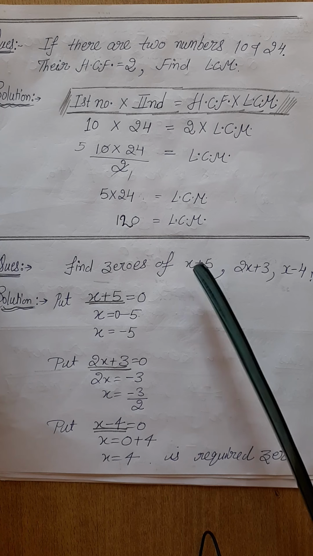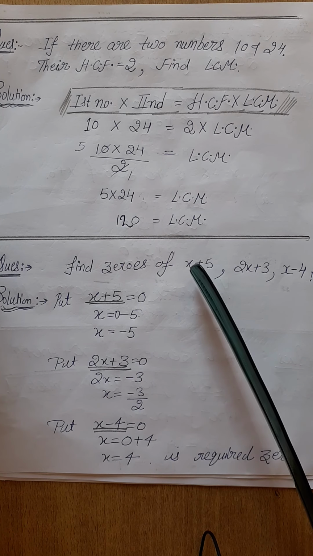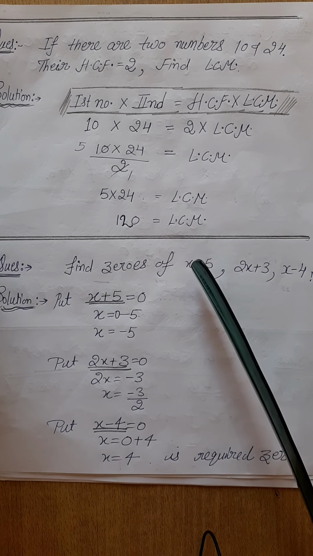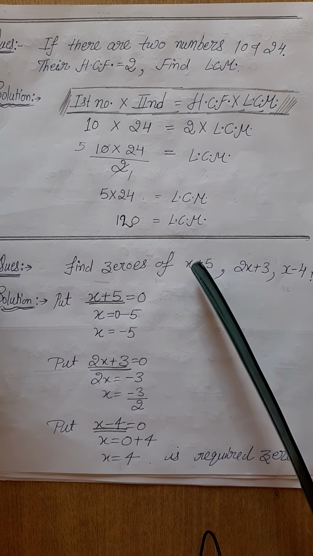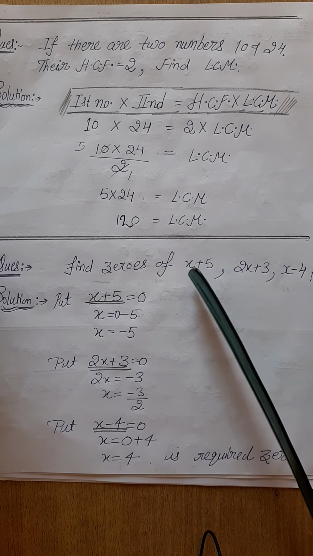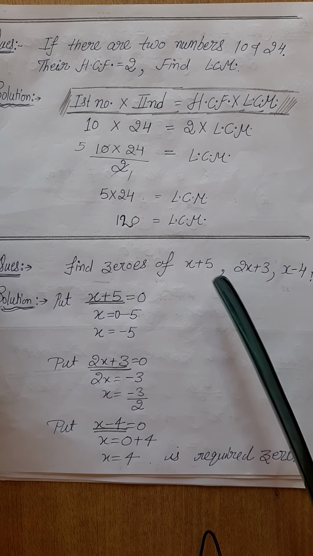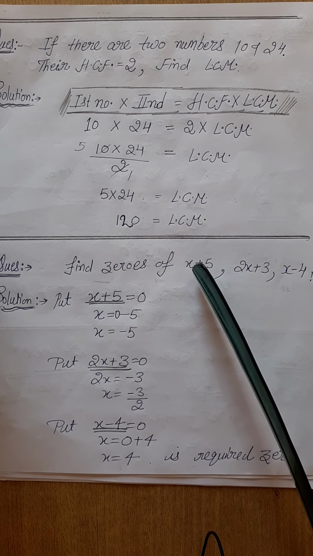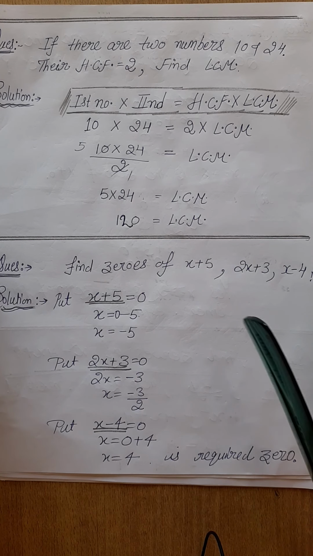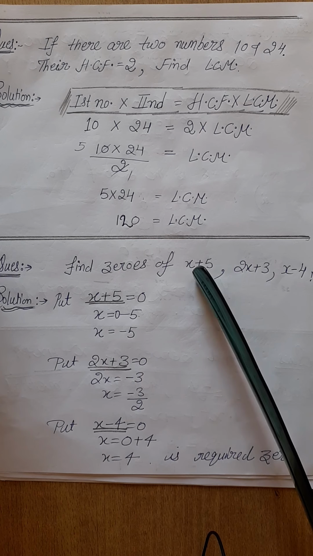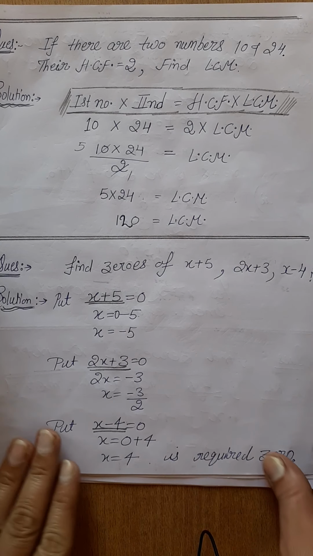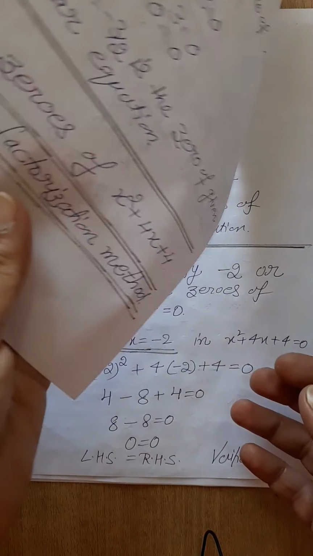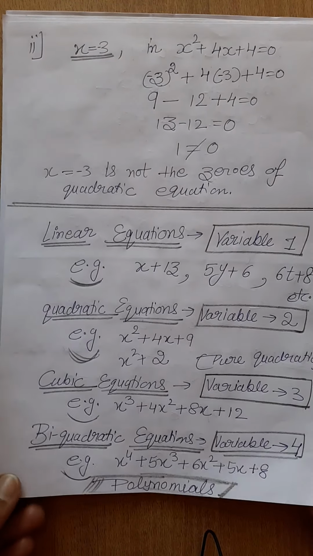Linear equation is an equation in which the variable, the power of the variable is 1, means we have a single variable like x. You can say y, t, u. So linear equation is an equation in which we have only single variable and the power of this variable is 1.